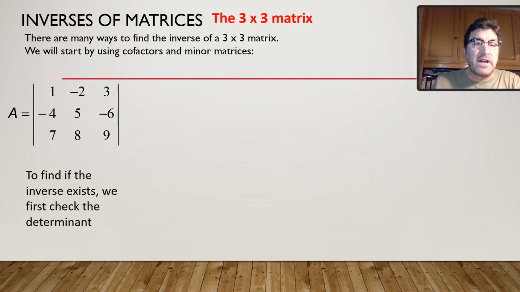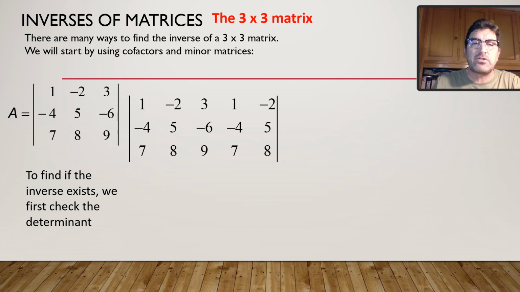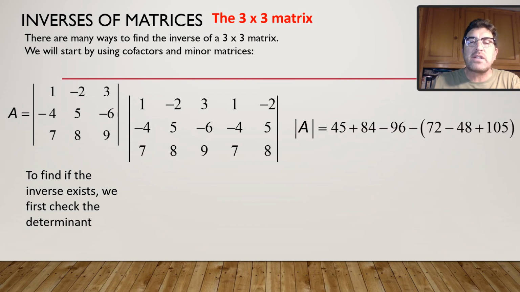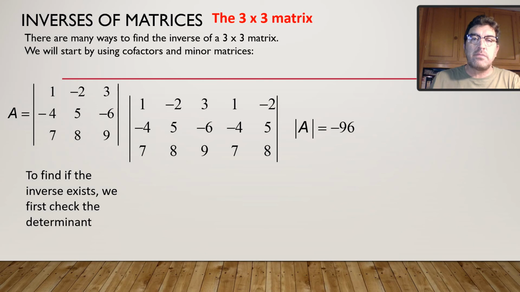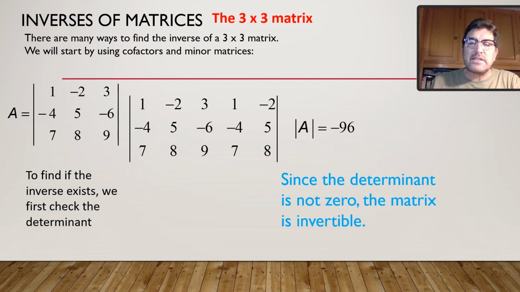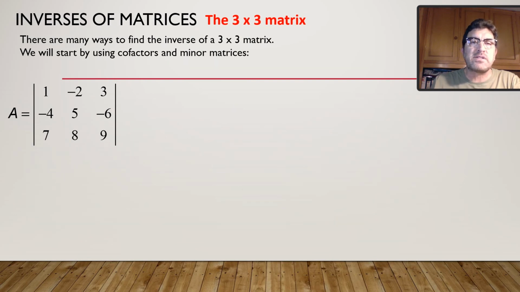To find whether it exists, we quickly look at the determinant of this matrix. We augment the matrix, we find the determinant, and we see the determinant is minus 96, so definitely the inverse of this matrix exists, because the determinant is not naught. Since it's not naught, it is invertible, so we go back.